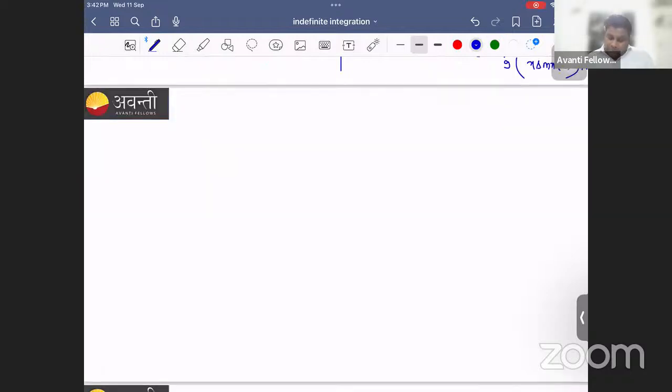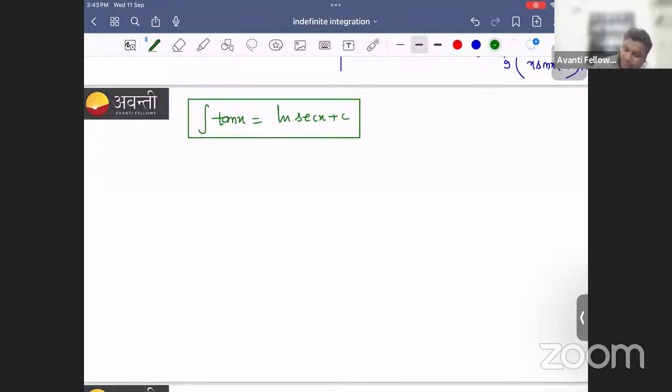Now, there are 2, 3 formulas which I want to talk about. Integration of tan x. That is ln sec x plus constant. Yes or no?